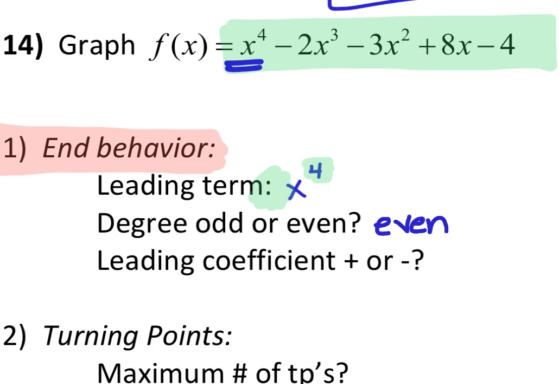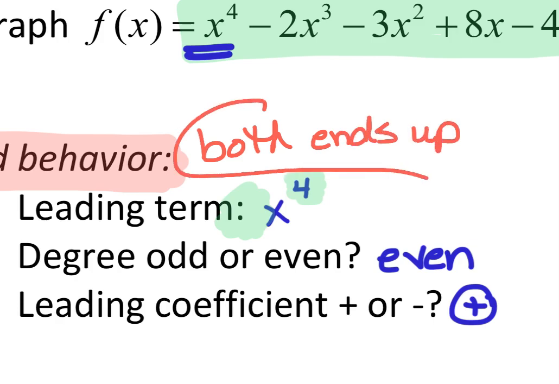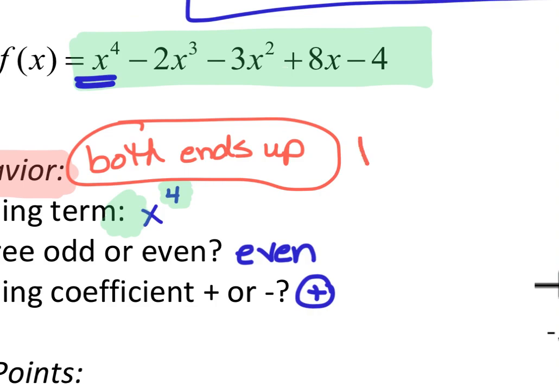So your leading coefficient is positive 1. Even means that the ends are doing the same thing, and positive means that the right end is going up, therefore both ends go up. And I want you to actually write that out, both ends up. So your end behavior is both ends up.